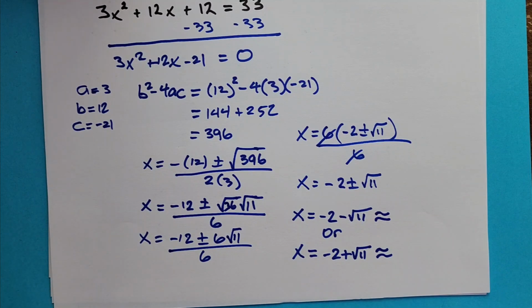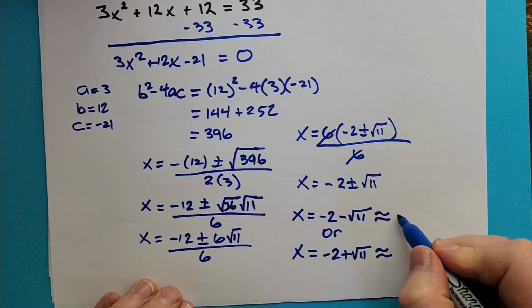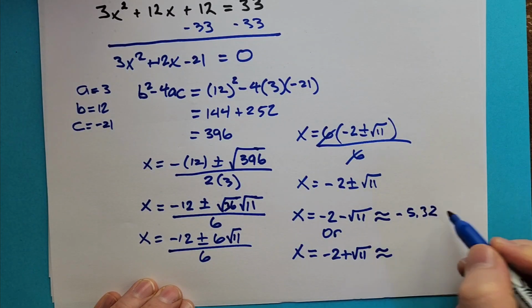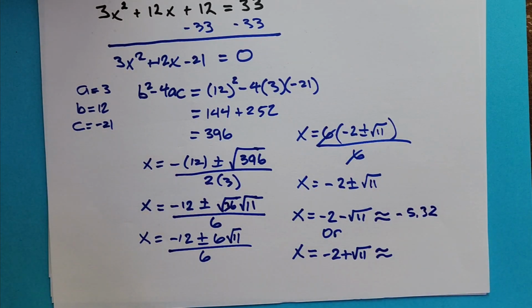And that's it. That's one of our roots. So this one's a negative 5. I'm going to go ahead and round to the hundredths place. So this would be 5.32. Make sure that you do this on your calculator so you can see how to do this. I'm just going to double check it really quickly. I always tell my students to make sure they double check their results.